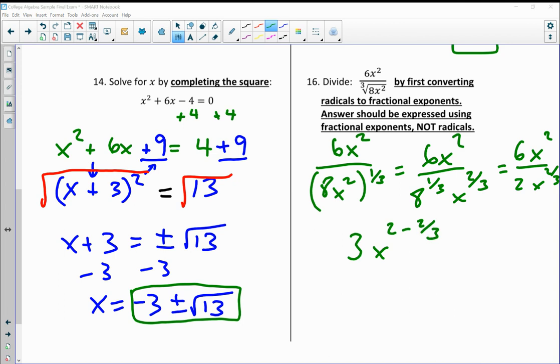So we're subtracting 2 minus 2/3. So 2 would be 6/3 minus 2/3. So we end up with 4/3. So we have 3 and then x to the 4/3. And that would be it. That's our fractional exponent. And that's our final answer.